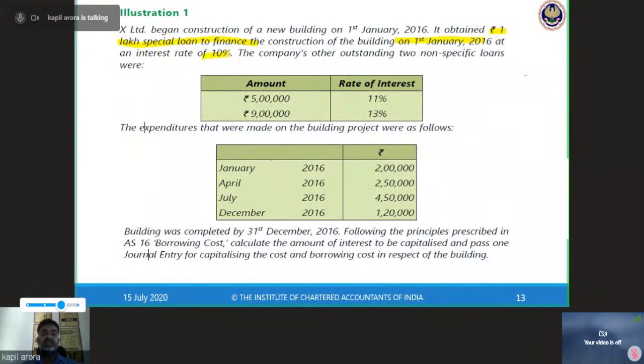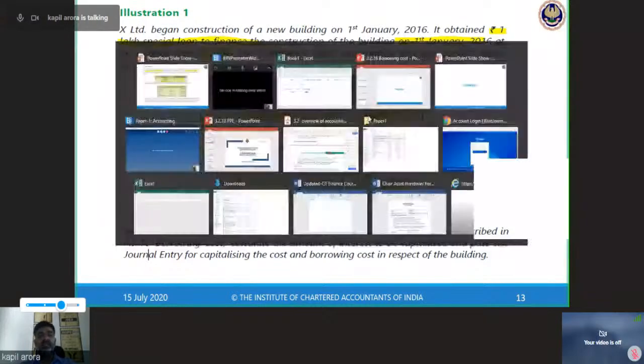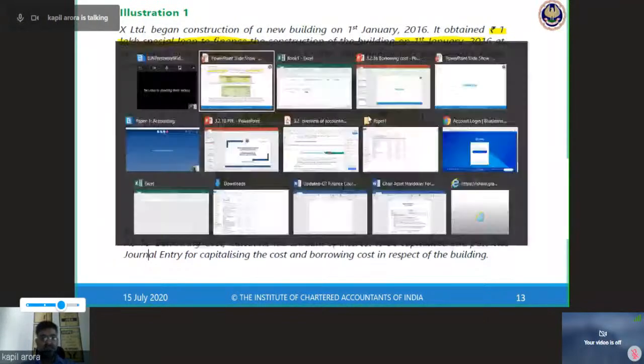The company's other outstanding loans are 5 lakh and 9 lakh, and rate of interest is 11% and 13%. So first, we need to look at, there are two things which we have.